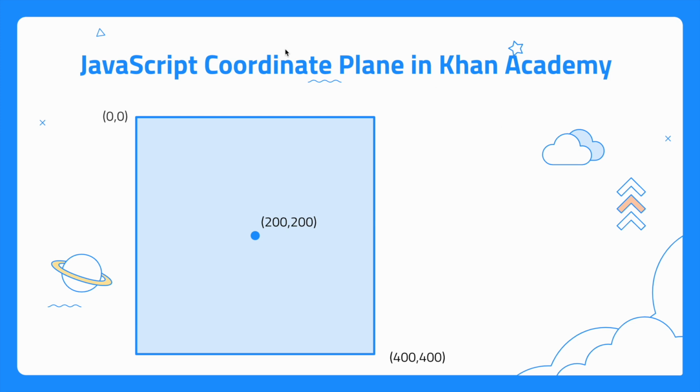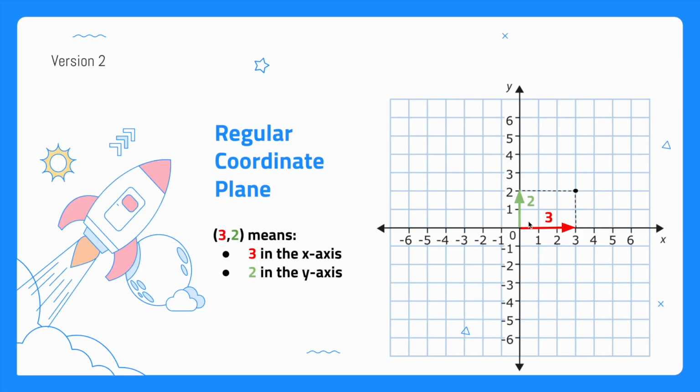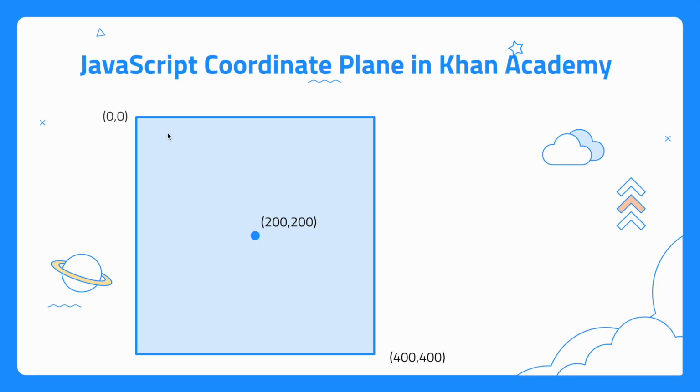However, the JavaScript coordinate plane is a bit different because unlike the regular coordinate plane, which starts at 0, 0 and goes outward, the JavaScript coordinate plane starts at 0, 0 at the very top left corner, and then it's going to increase as it goes to the right or as it goes downward.